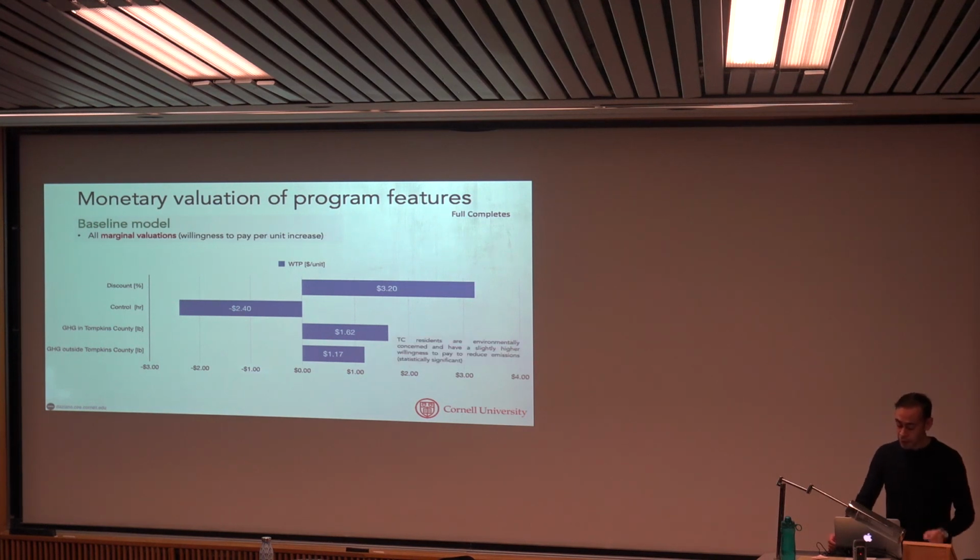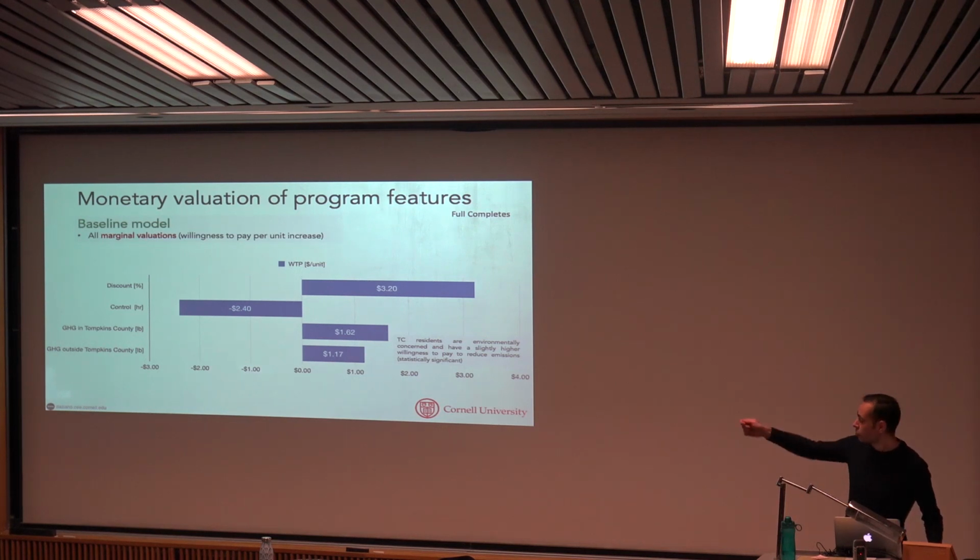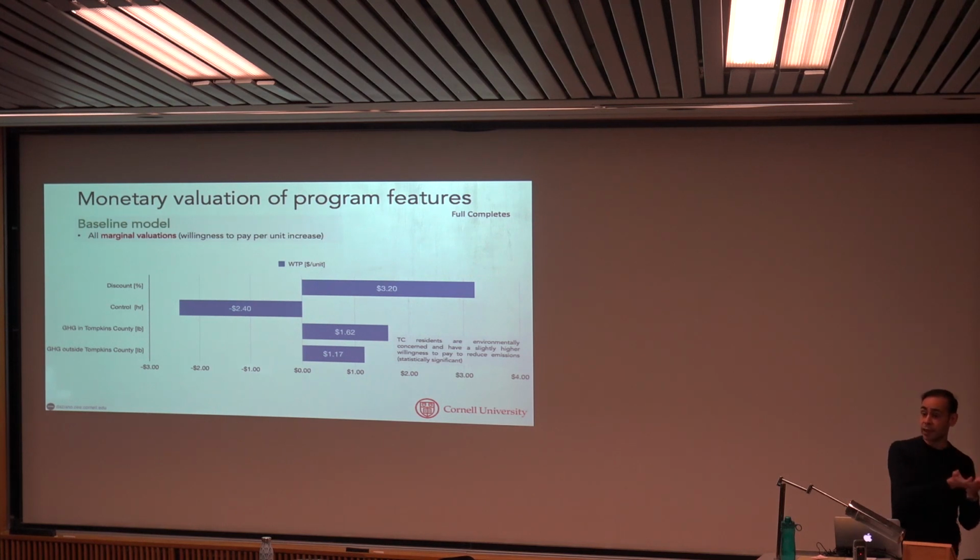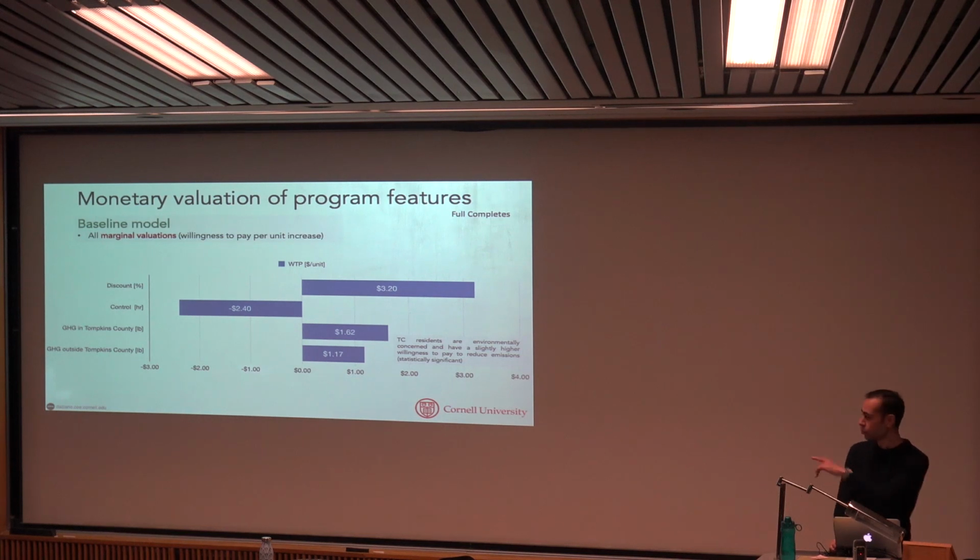As we were anticipating, people in Tompkins County are greener, and that's reflected in that they are willing to pay slightly more, $1.62 per pound, marginal pound being saved if they decide to delay their charging, versus 1.17 outside of Tompkins County.